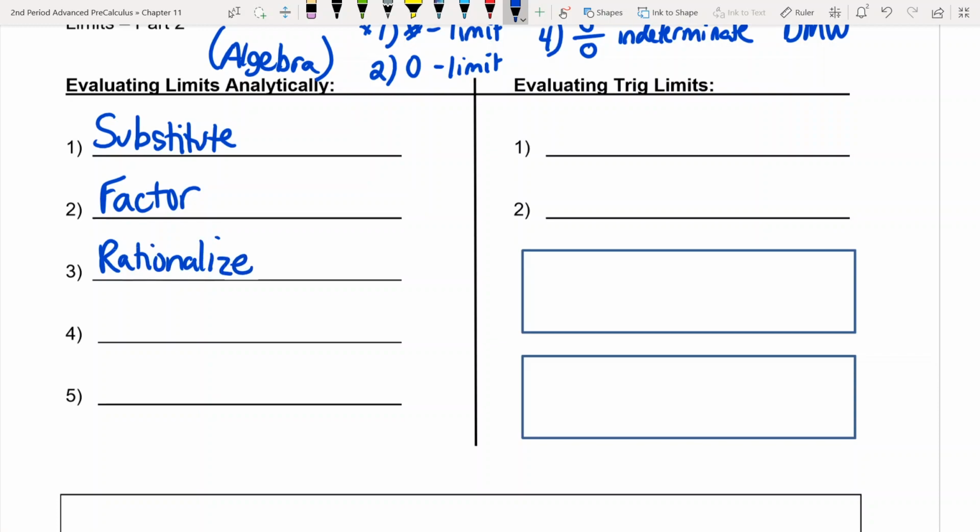Rationalizing the numerator or rationalizing the denominator, which means multiplying by the conjugate. The fourth thing is we might need to simplify. Maybe it's simply making common denominators or doing some simplification process that makes our life easier.